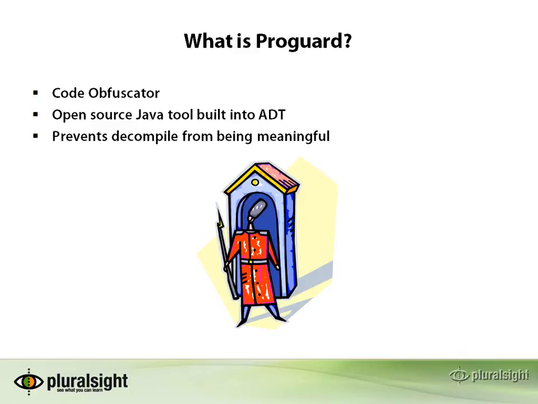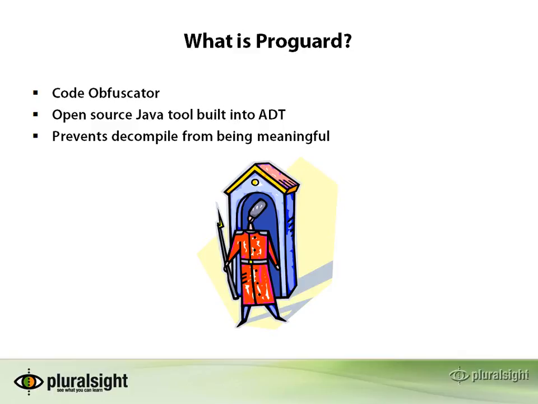So the idea behind a code obfuscator is basically to take that code and those names and mangle them so that it still produces the same output, but it's very hard to discern what the logic or the naming of the original classes and methods were, and it's very hard to follow. So it'd be very difficult for someone to decompile your code and then figure out what your code was doing and modify that. So ProGuard is actually an open source Java tool.